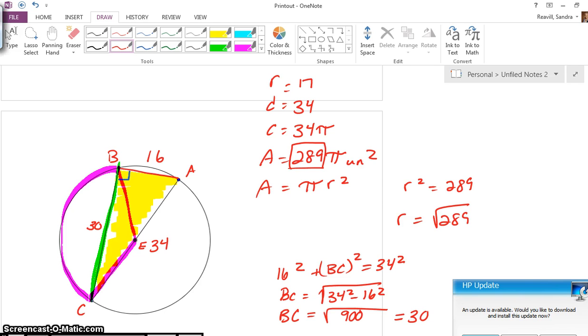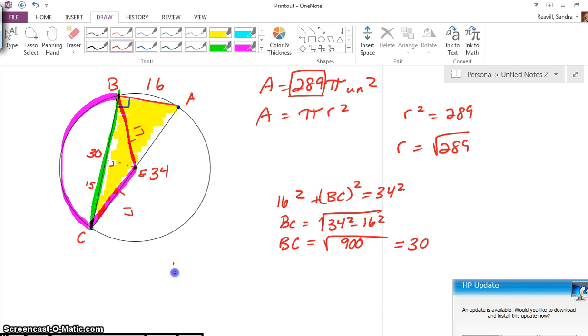So let's see if we can work with this isosceles triangle, where we have side length 17 and a triangle with one leg 15, one hypotenuse 17, and is that enough to find us some angle measures here?